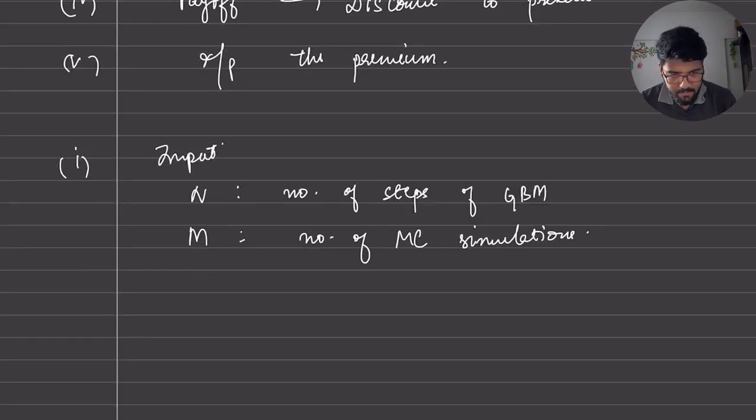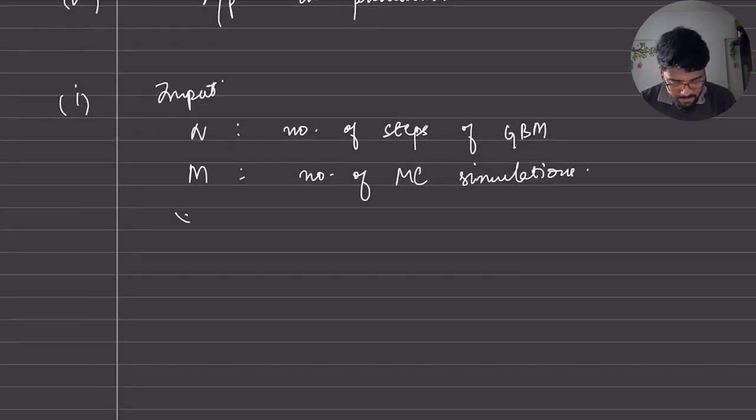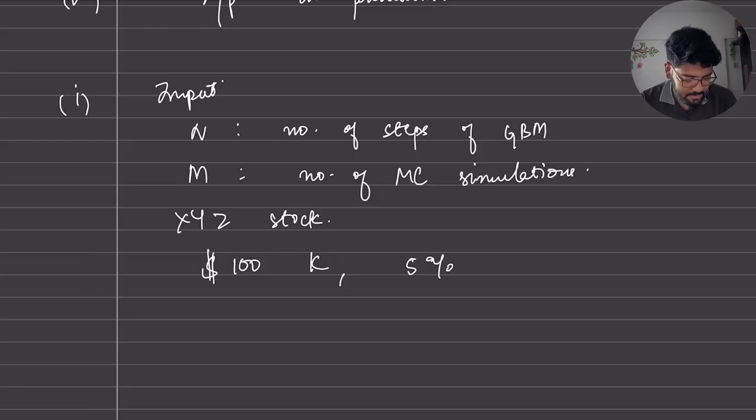And then we have our XYZ stock. For that we are going to assume a strike price of $100, 5% let's say the interest rate, and volatility is going to be let's say 10%, and time of maturity let's say 1 year to keep things simple.